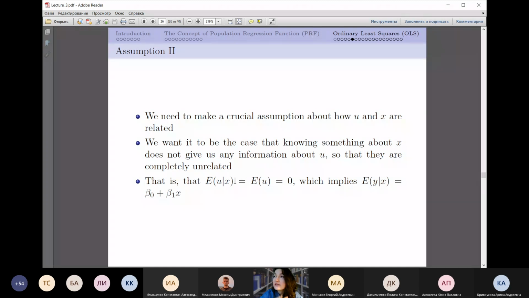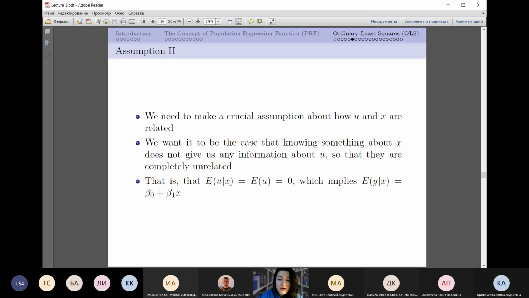Let's continue our example about the wage, the training and the education. What does this example mean in the context of this assumption?